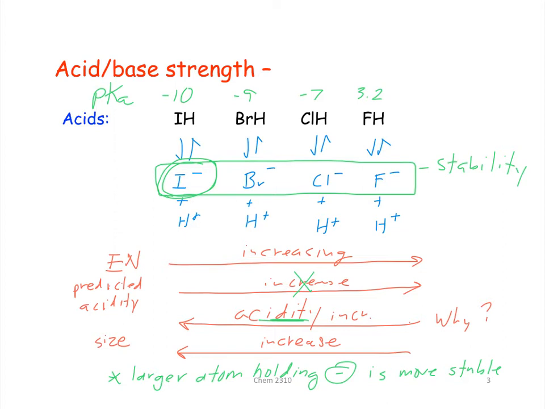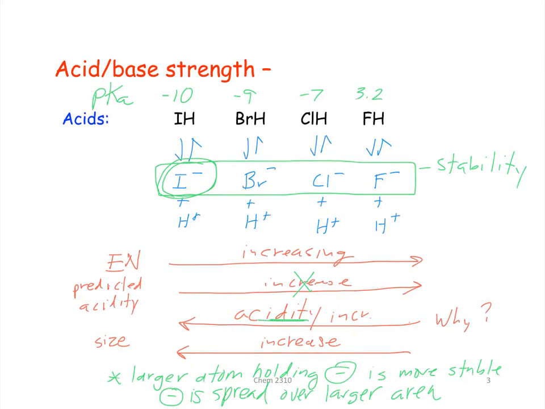So the minus is spread over a larger area. That makes iodide the most stable anion because it's the biggest one, and that makes HI the strongest acid.